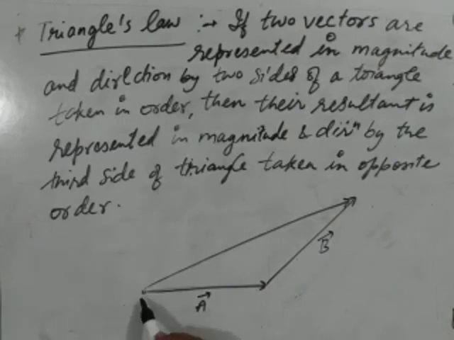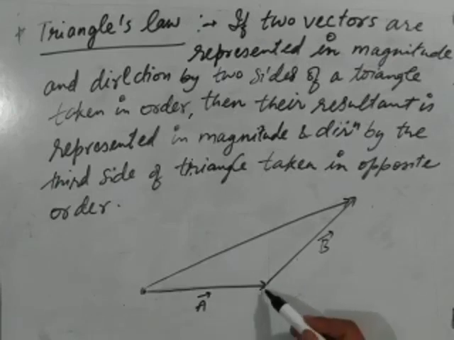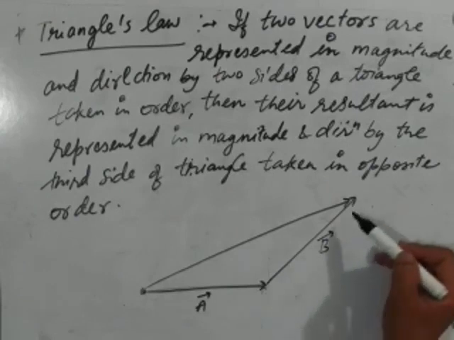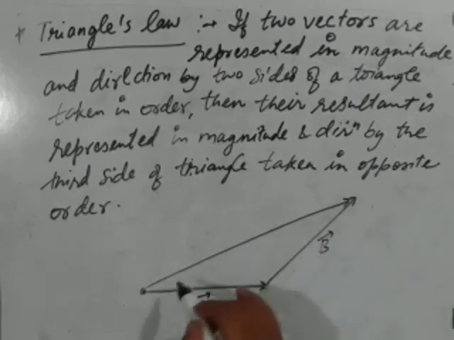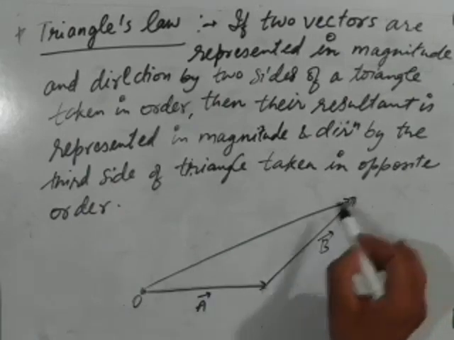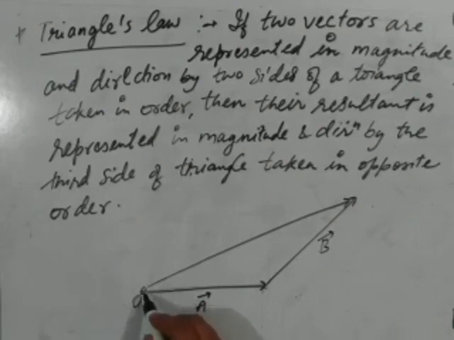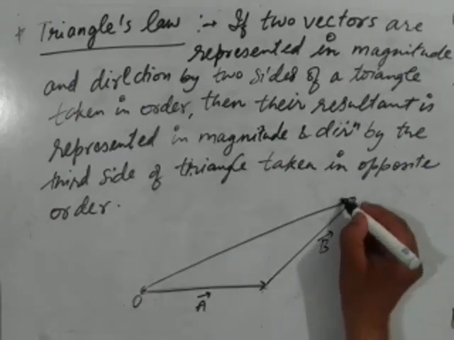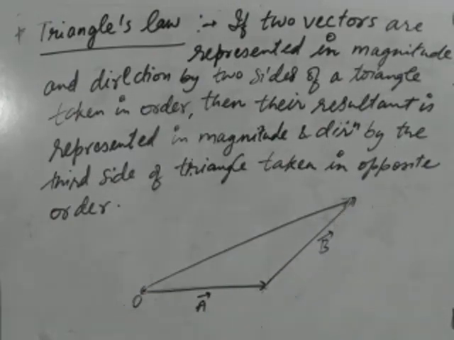That means if we go from tail of A to tip of A, from tip of A to the tip of B, from tip of B back to point O, then this is called taken in order. But in this case we have to take two sides in order and the third side in opposite order. That means we will not go from this end to this end, we will start the vector from this end towards this end.